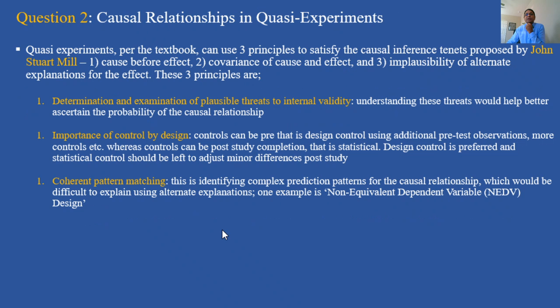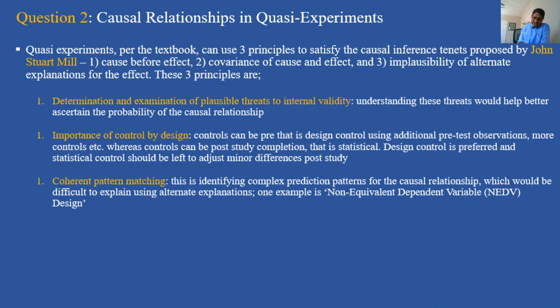Now, moving on, what are the three closely related principles to address three basic requirements for all causal relationships in a quasi-experimental design? Now, we've seen in earlier chapters the fundamentals of a causal relationship as proposed by John Stuart Mill are: cause before the effect, covariance between the cause and the effect, and implausibility of alternate explanations for the effect.